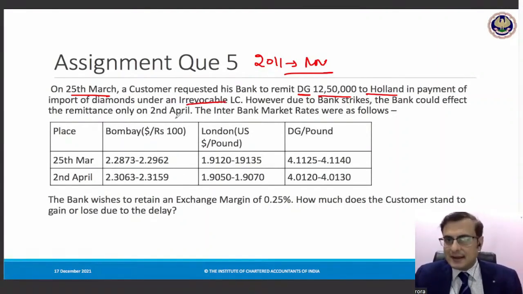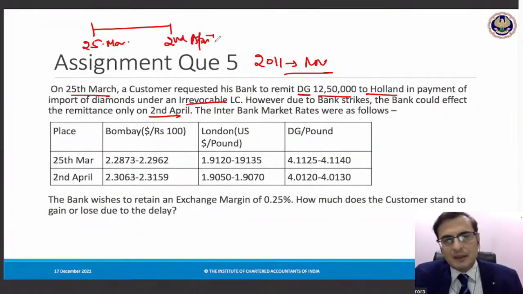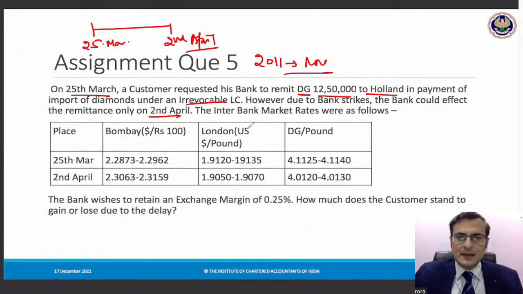However, due to a bank strike, the bank could affect the remittance only on 2nd April. A very simple, similar question. The transaction is supposed to take place on 25th of March, and this is 2nd of April. The interbank market rates were as follows.